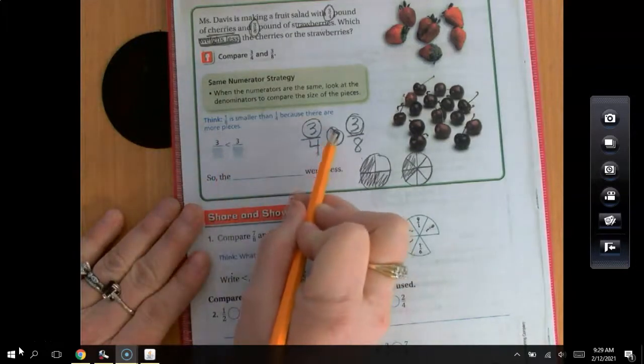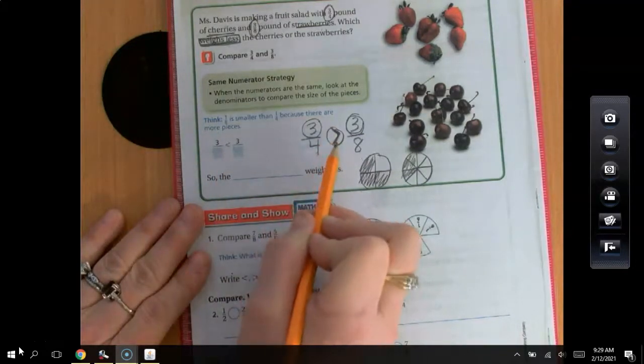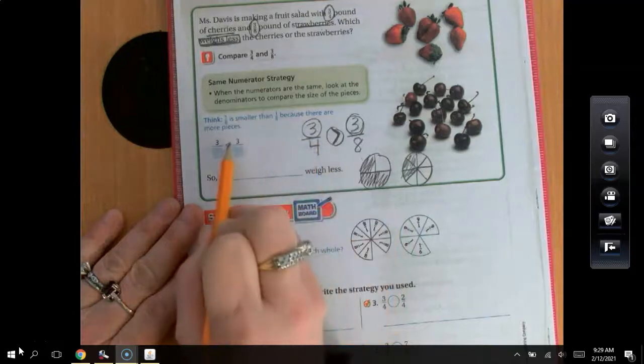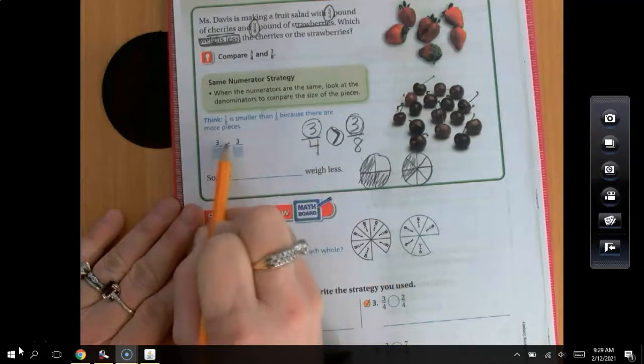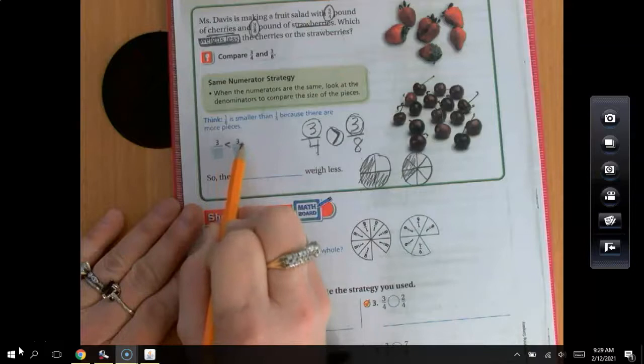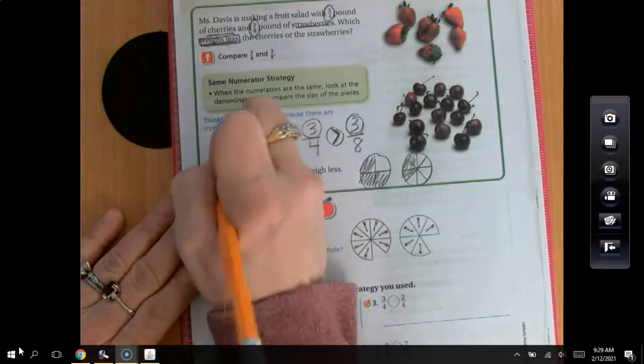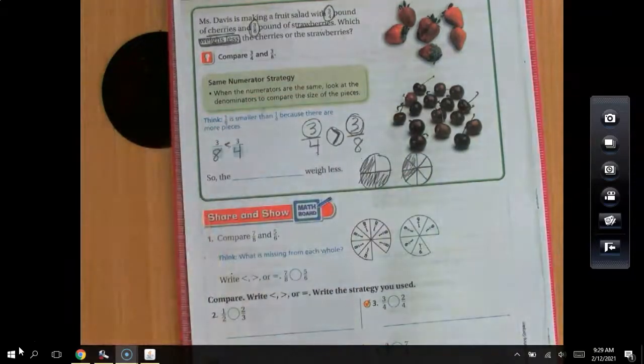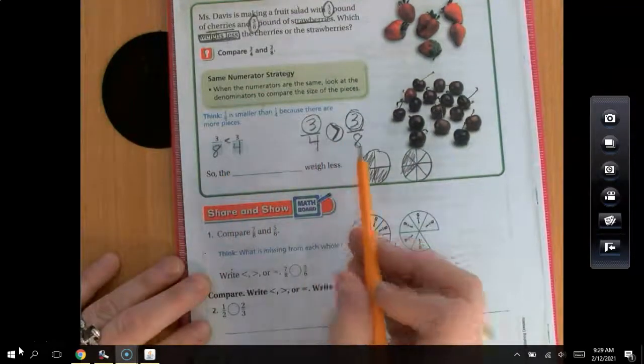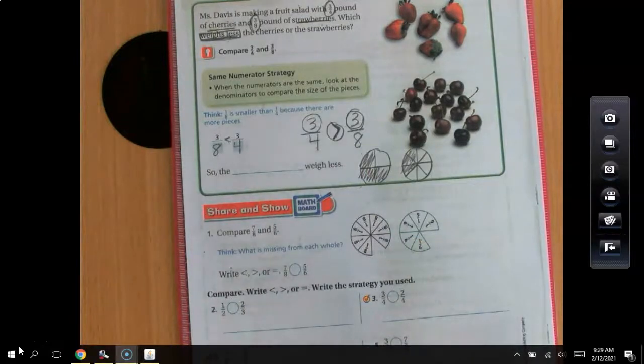So I see that my alligator is eating my 3/4. Here, my alligator right here looks like it's eating this fraction over here. So I have to put my 4 here and my 8 here. Okay? Different setup, but it means the same thing.